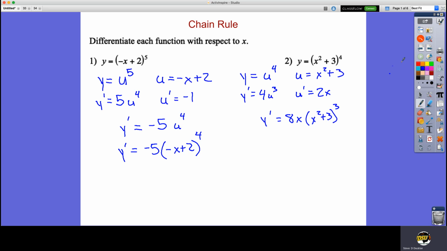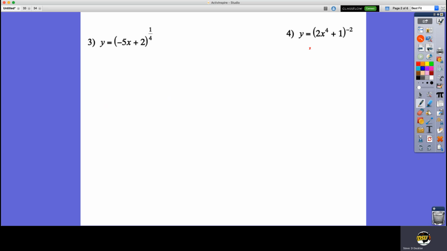Not too bad? No. All right, let's try it with the fractional exponent. y equals negative 5x plus 2 raised to the 1/4 power. What do you think you do here?